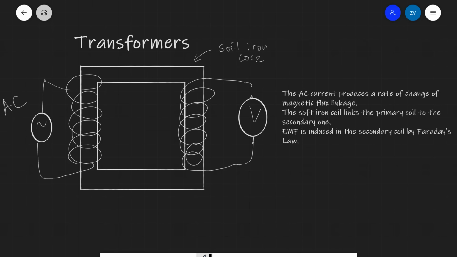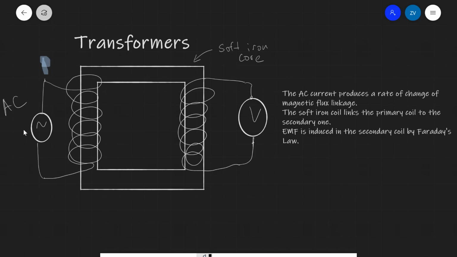I've summarized how a transformer works over here. First off, AC current, as we said, produces a rate of change of magnetic flux linkage. The soft iron core, by the way, is here to link the primary coil to the secondary one. It's kind of providing an easy path for the magnetic field lines to follow. So the EMF is induced in the secondary coil by Faraday's law. It's important to note that there's no actual proper physical connection between the primary coil and the secondary coil.